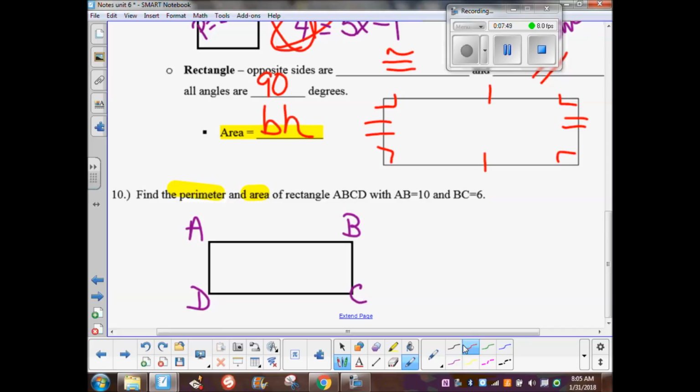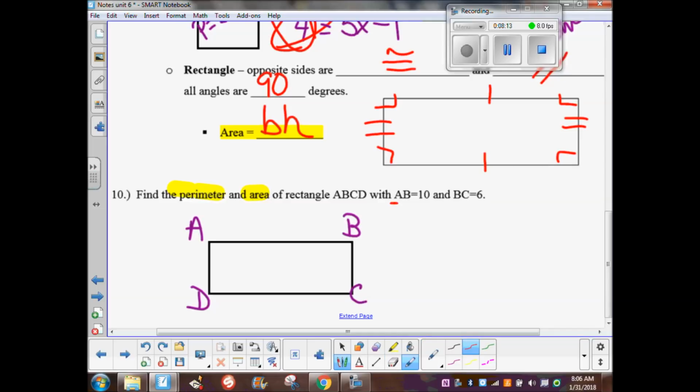Don't write this. You can't say that this is A and then put B down here and then C over here and D over there. You can't do that. You've got to stay continuous around the shape. You can't hop from one angle to the other. So that's how I've chosen to label it.